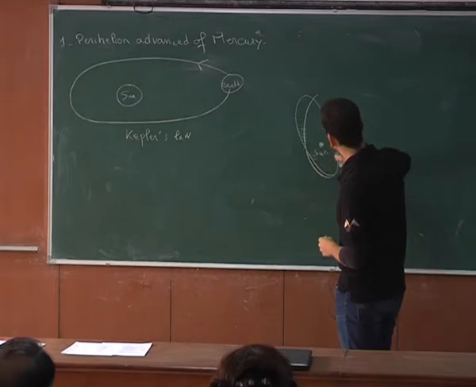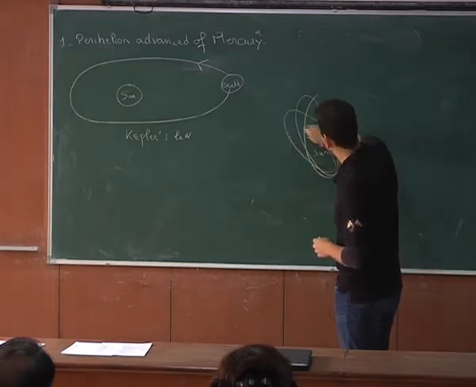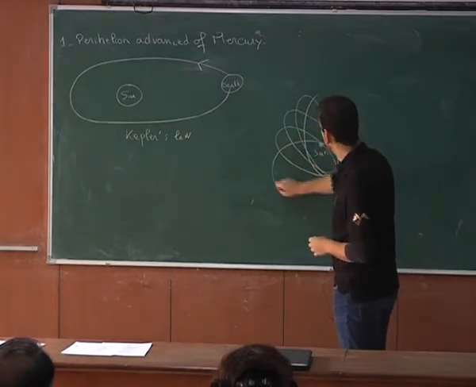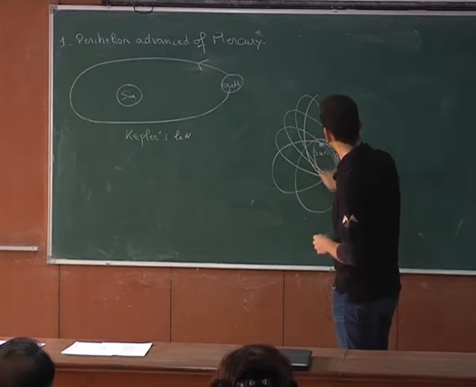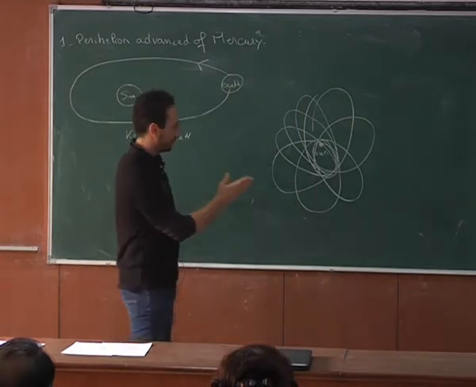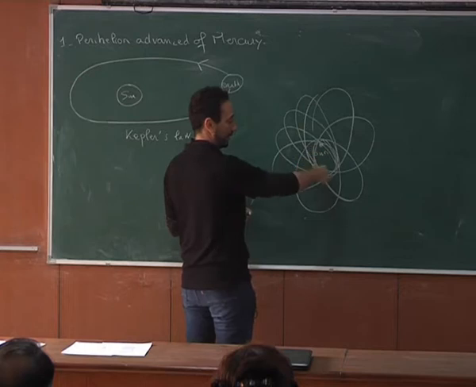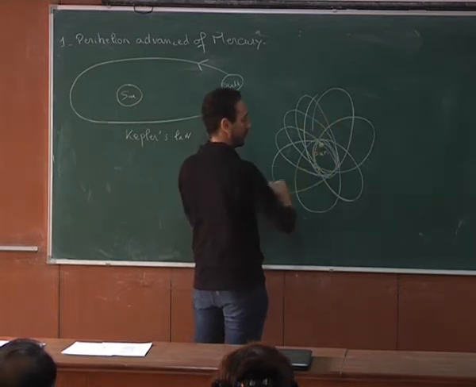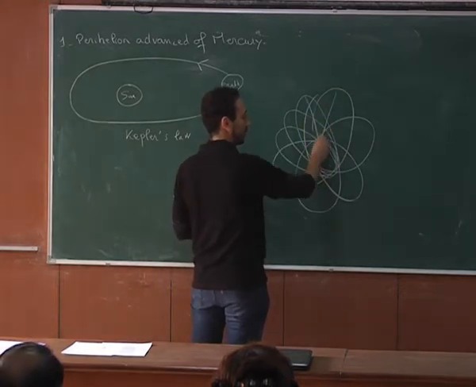So we'll have a motion like that, where the trajectory is not an ellipse anymore, but it gets shifted all the time a bit by some angle.